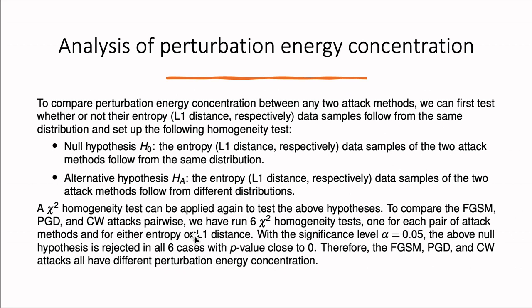To compare all the previous attacks pairwise, we run six different tests, one for each pair, for either entropy or L1 distance, and we set the significance level to 0.05. The null hypothesis was rejected for all of them with a p-value close to 0, which means all attacks have different perturbation energy concentration.